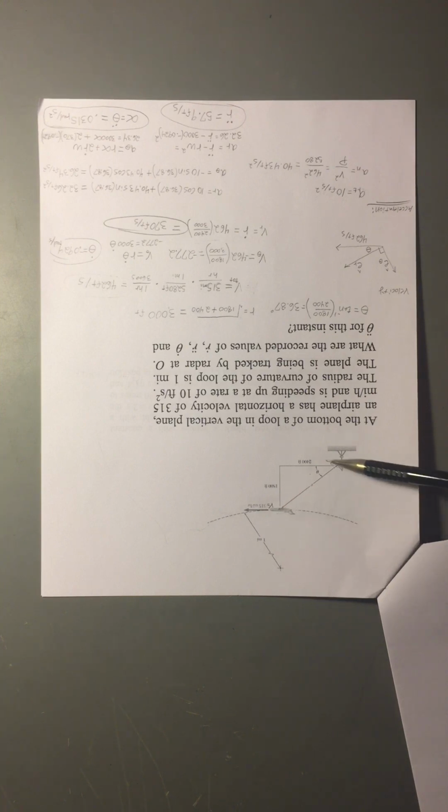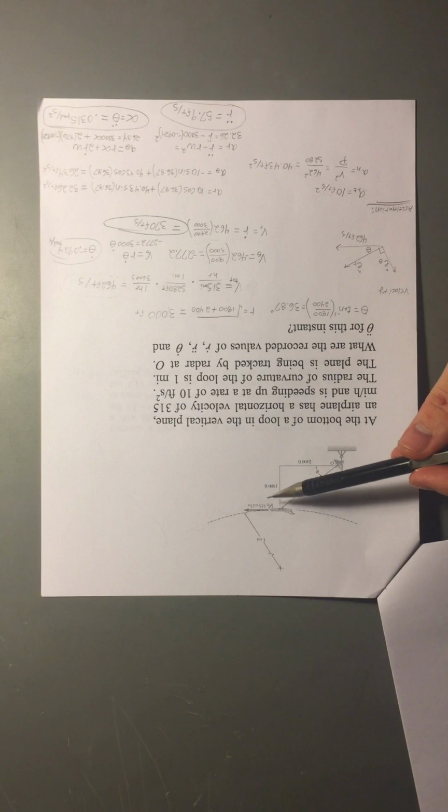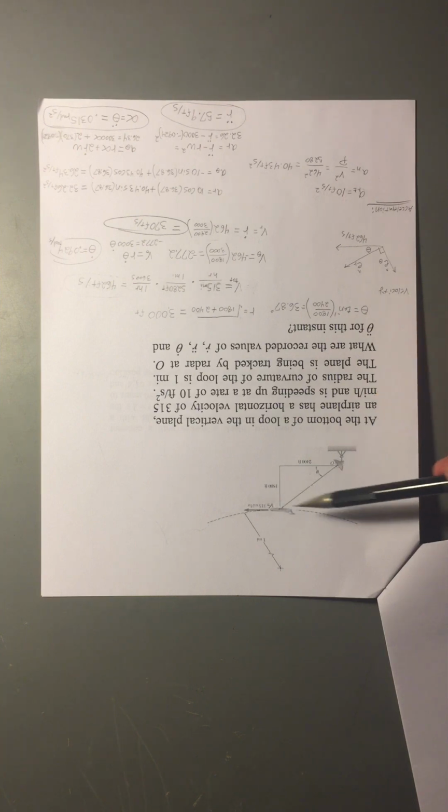We were given this triangle here and 2 of the distances, so using inverse tangent we could find the theta value, and the radius is just the hypotenuse of the triangle, so we could use the Pythagorean theorem. I also had to convert the velocity given. This horizontal velocity was given to us in miles per hour, and so just doing a simple conversion we were able to convert that to feet per second.